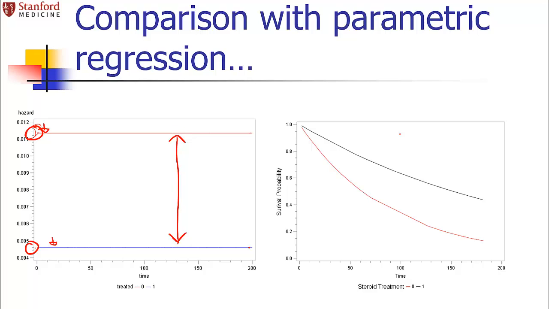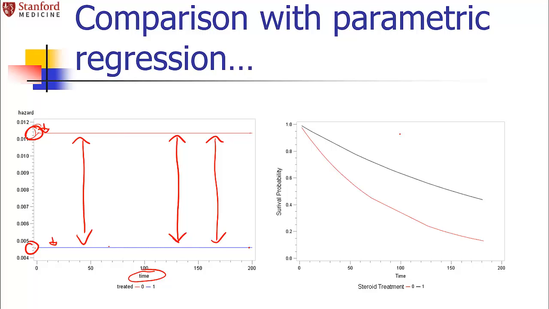The assumption here, of course, is that there is a single relative difference. Since the hazard rate can change over time, it could be the case that the hazard ratio could also change over time. If the hazard rate went up in one group but down in another over time, then there wouldn't be a single hazard ratio. But what we're going to try to do in Cox regression is say, well, if the relative difference between the two groups is constant over time, as it is if we're assuming an exponential here, then we can estimate the relative difference between those groups.